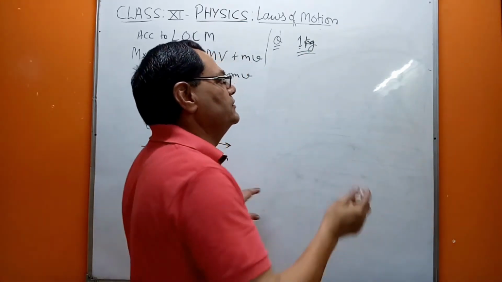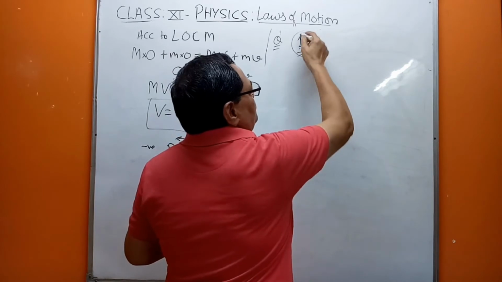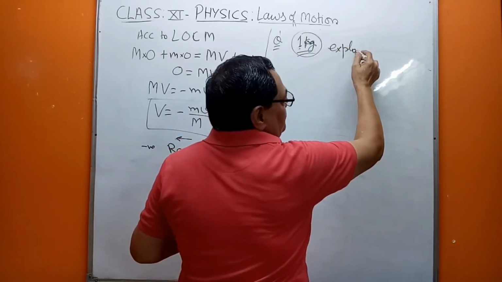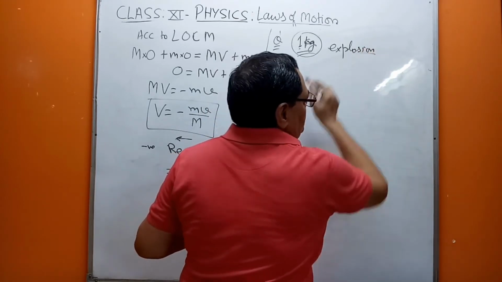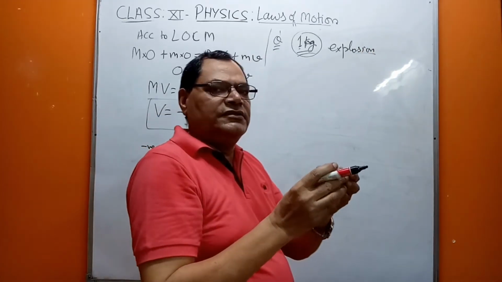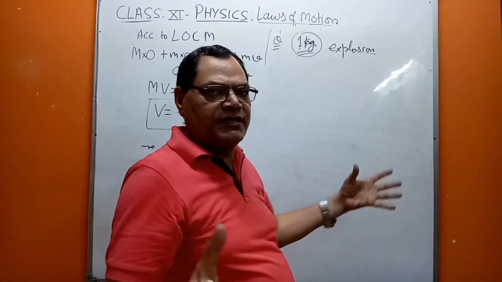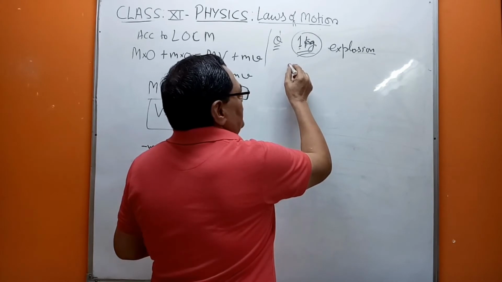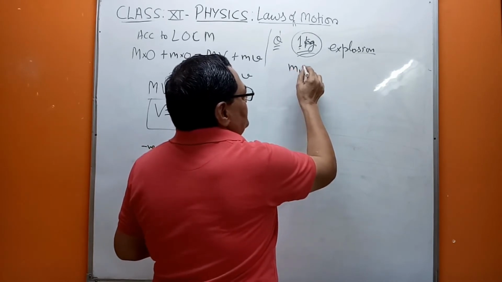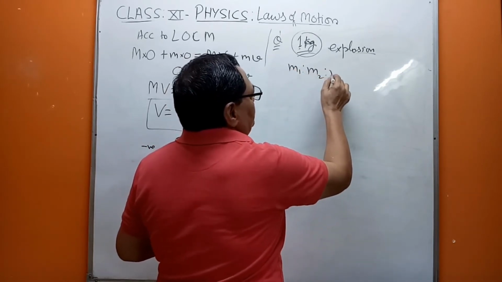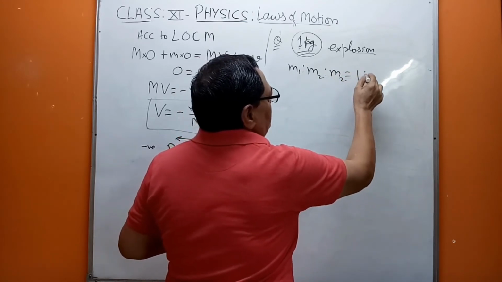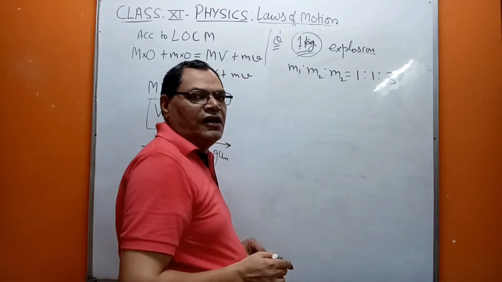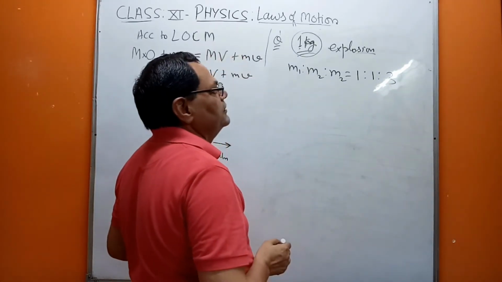After an explosion, suppose it explodes and converts into 3 fragments, in the mass ratio m1 is to m2 is to m3 of 1 is to 1 is to 3.